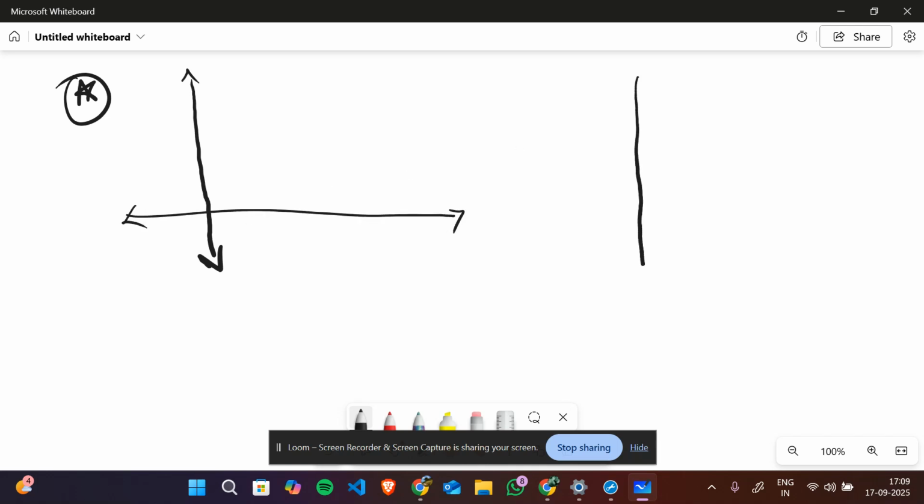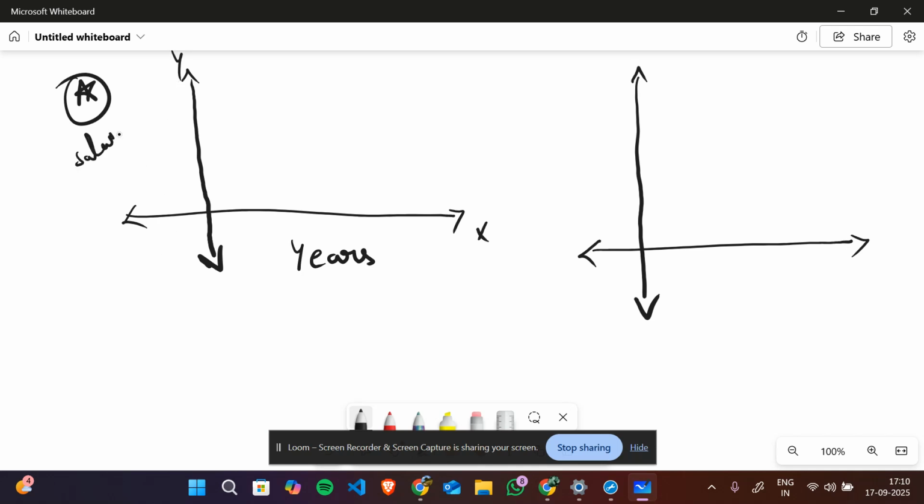Let us consider the salary of a person in a company or a firm over a 5 year or 10 year duration. Let the years be marked along the x-axis and his or her salaries along the y-axis. Say for example, the person joins in the first year. He or she may get a salary of maybe 50,000.